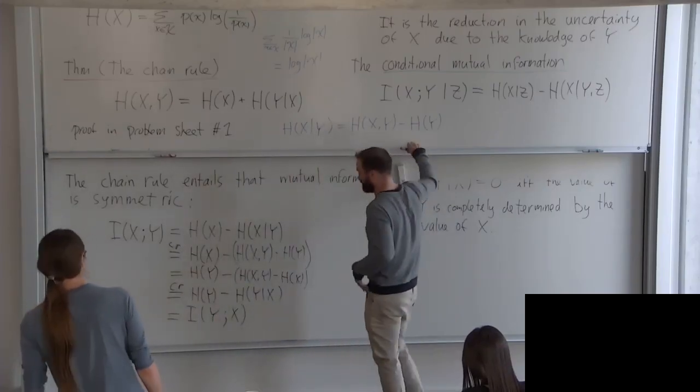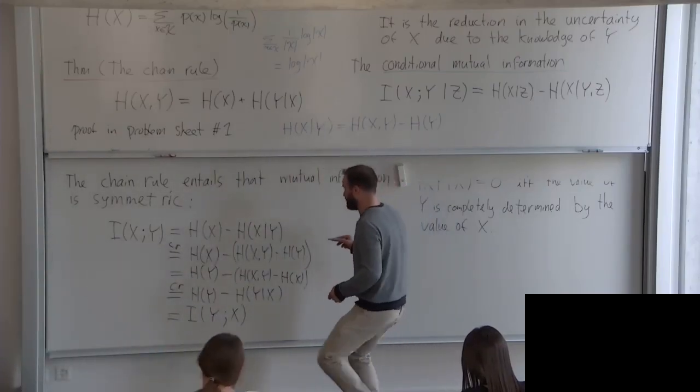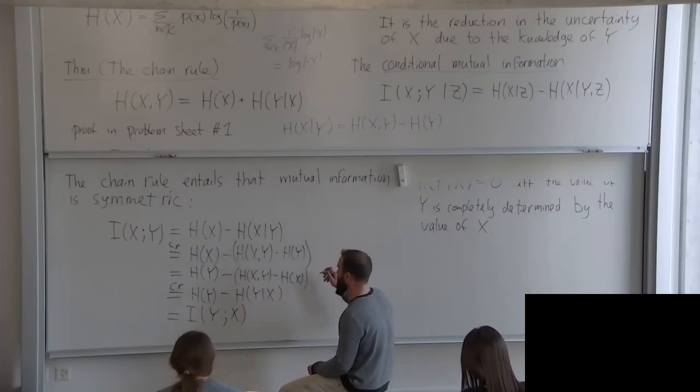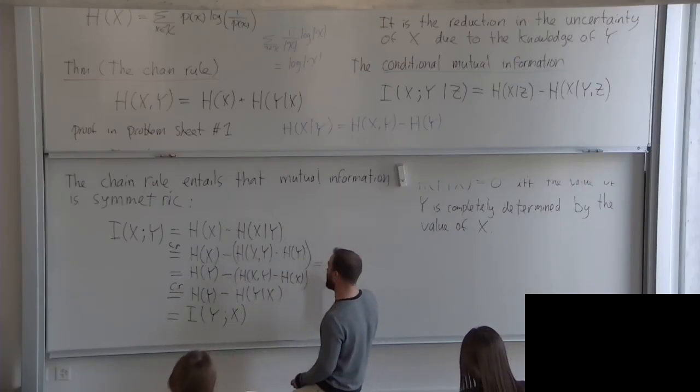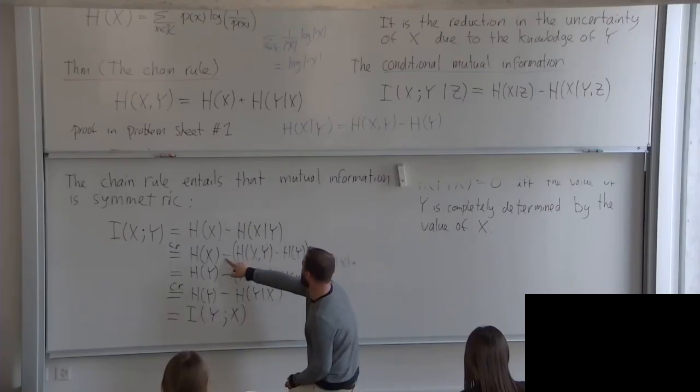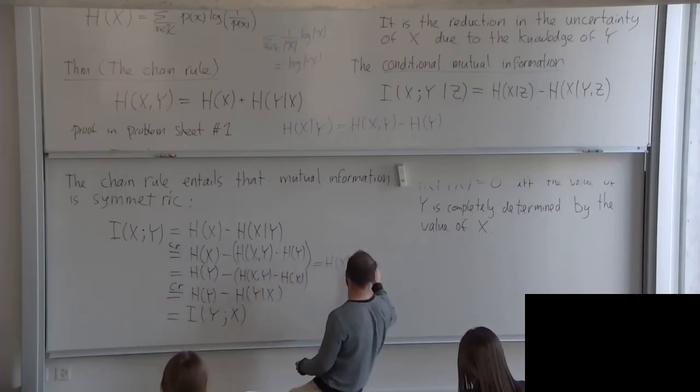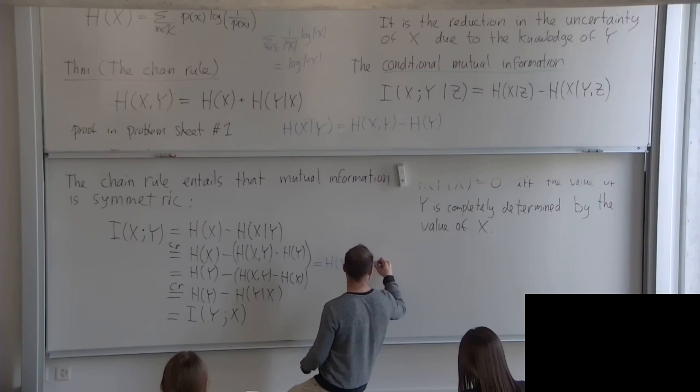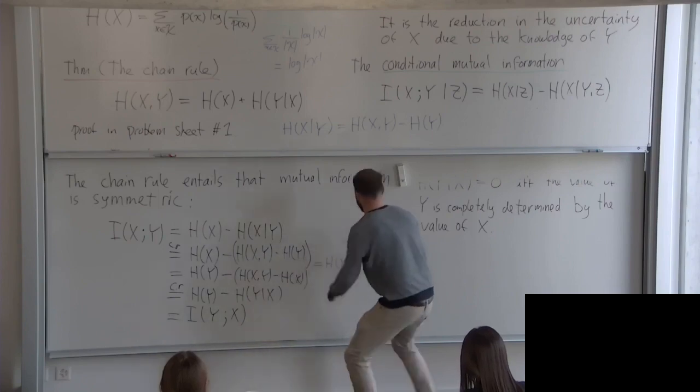It's a good observation. You realize right away that it has some symmetry, if I write it like this: h of x plus h of y minus h of xy.